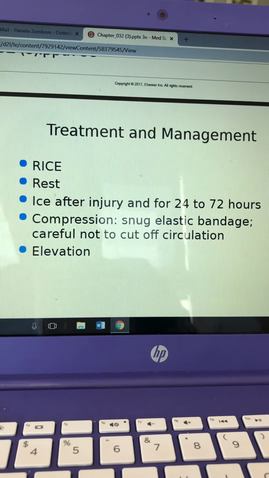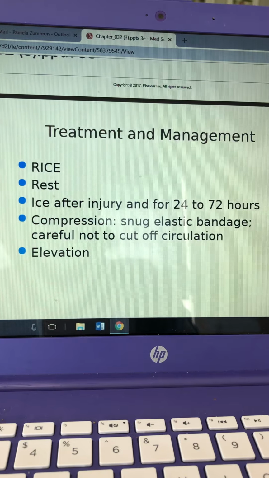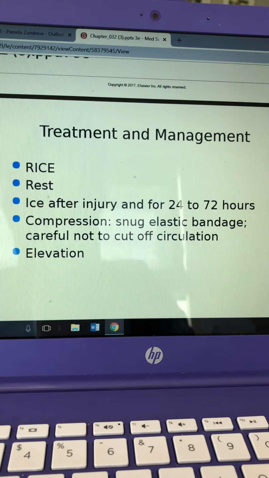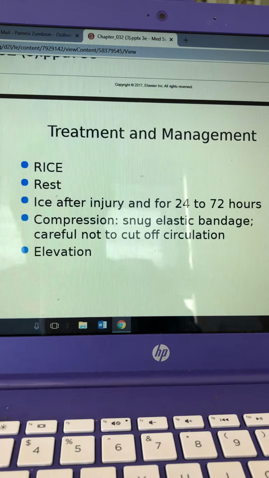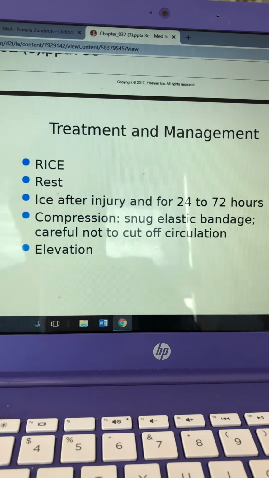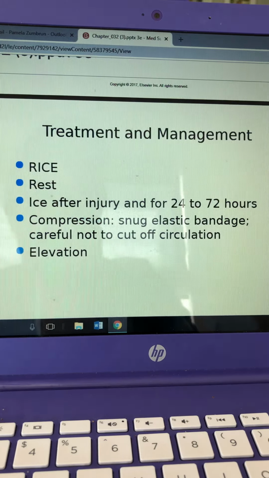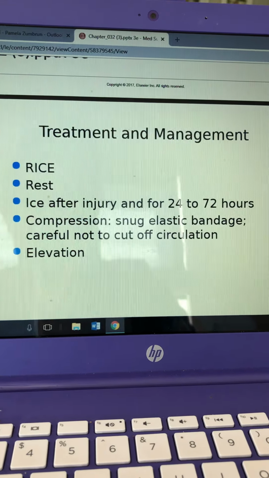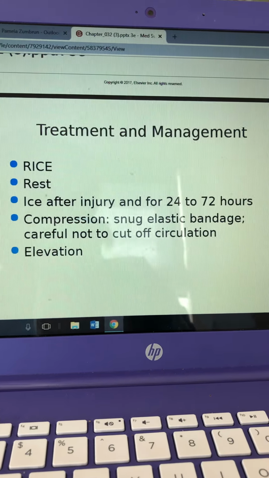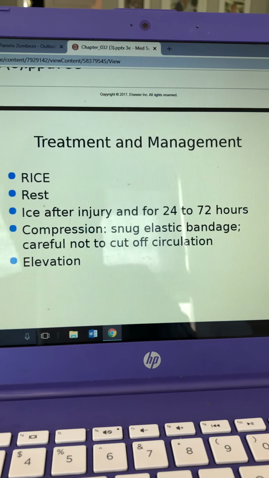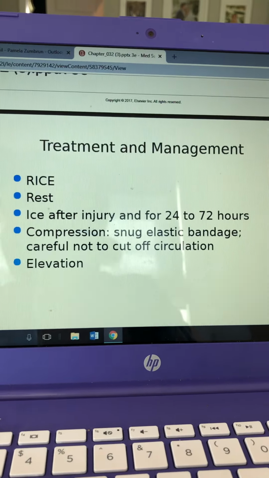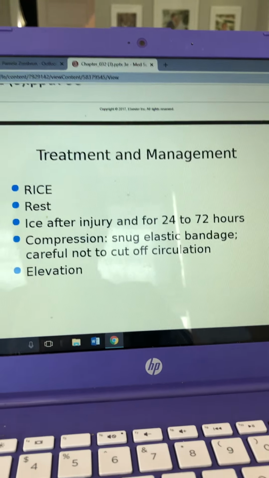But also, elevation is used sometimes when a cast is applied to an area after surgery, the limb will be elevated post-surgical. And also, elevation can even be used for an amputation. We're going to look at that at the end of this chapter. But it could definitely be a therapy that's used for puffiness after surgery, elevation.